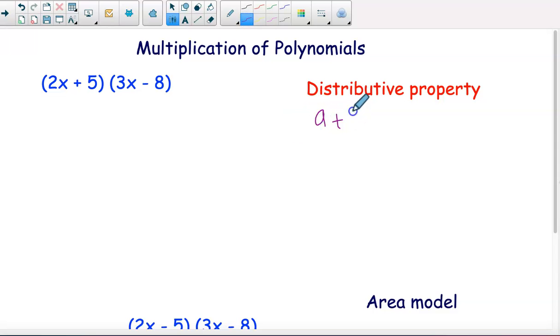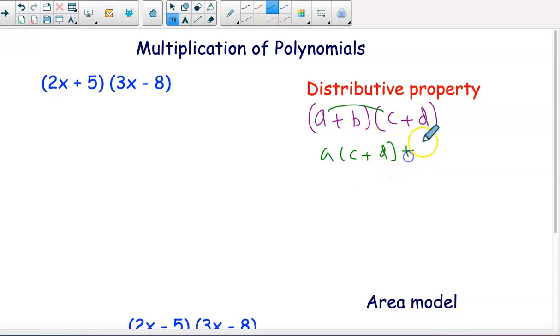Suppose I have a plus b multiplied with c plus d. What happens is a multiplies with c plus d, that is a times c plus d, right? The second expression I copied fully.